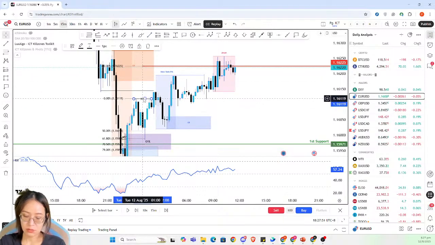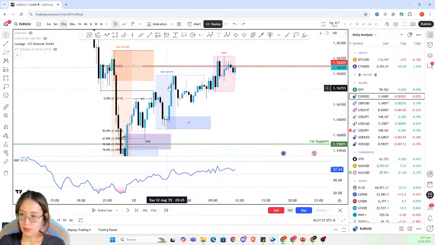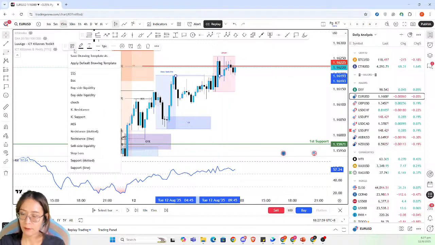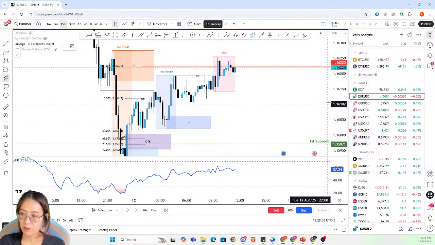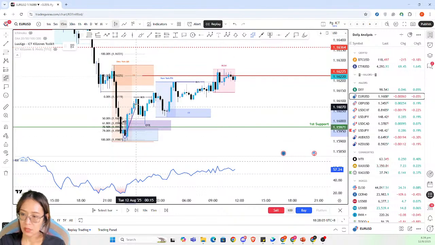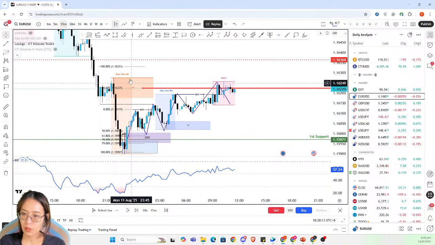It is your break of structure. This is another break of structure here. Okay, and then you can see that in the lower time frame price makes higher high, higher low, higher high, higher low, higher high, higher low, higher high, maybe higher low. Then you take TP1, TP2 right here.